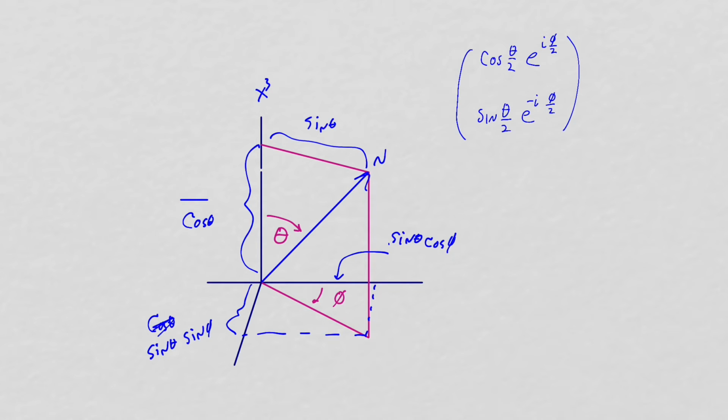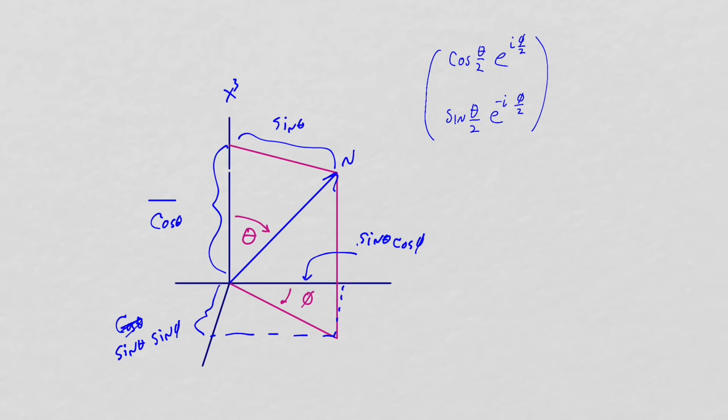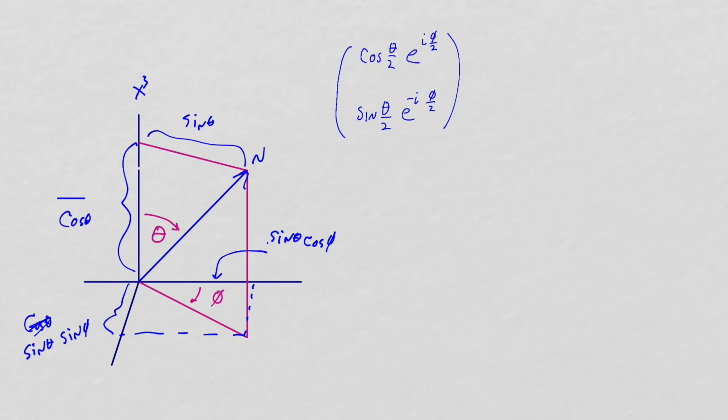So I can calculate cosine of theta over 2 and sine of theta over 2, and I can calculate these two numbers as well, and I'd end up with a complex number here: alpha real plus i alpha imaginary, and beta, the real part, plus i beta, the imaginary part, right?